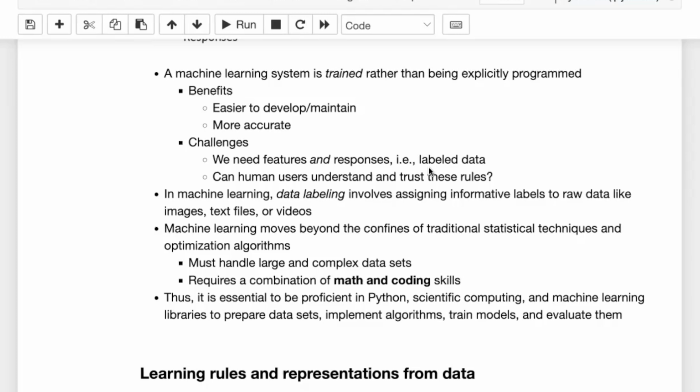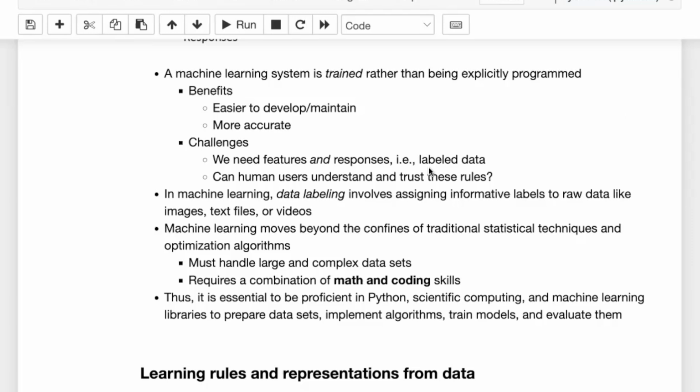And also we have other challenges too, because as machine learning methods become prevalent in high stakes applications and in safety critical applications, we have challenges to make sure that human users understand and trust these rules.